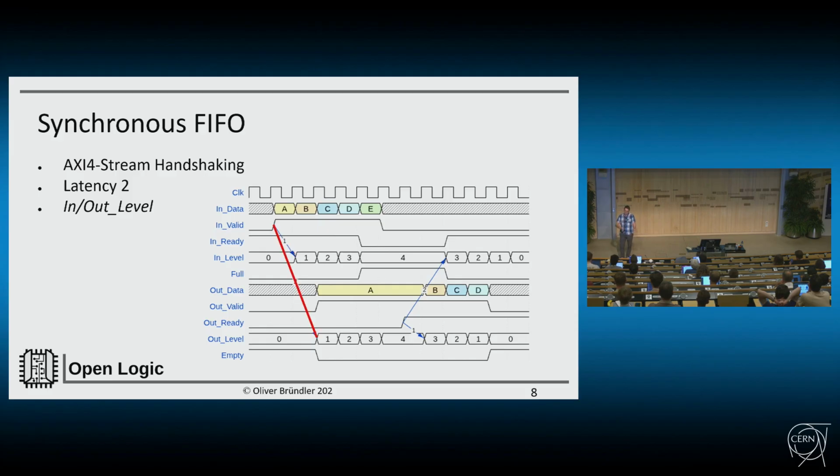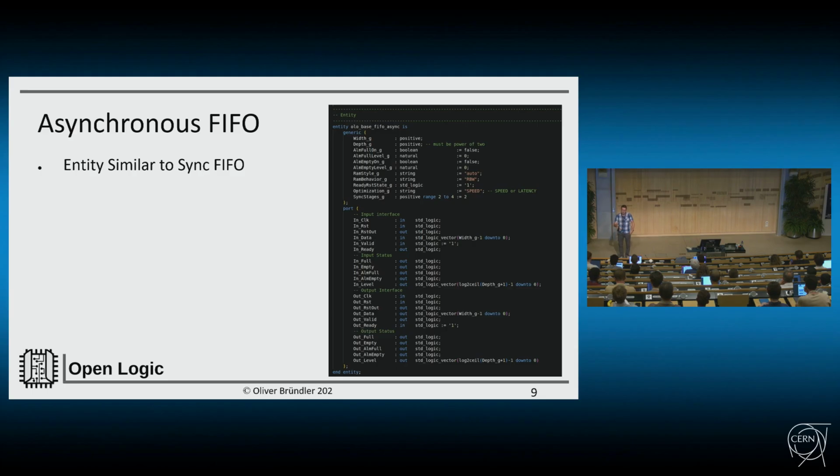On the output side, the out level increases one clock cycle later. If you read, on the next clock cycle this is reflected on the out level, and in the input level it's reflected later. So whenever you are sitting on the input side and you are taking care about how much data is in there and whether the FIFO is full, also the full flag is based on that, you look at the input level, and the same for the output side with the output level.